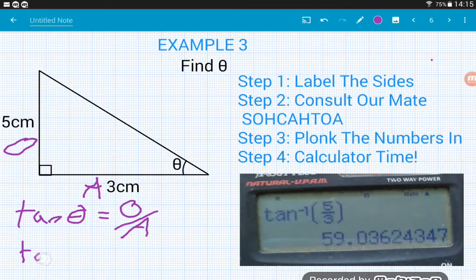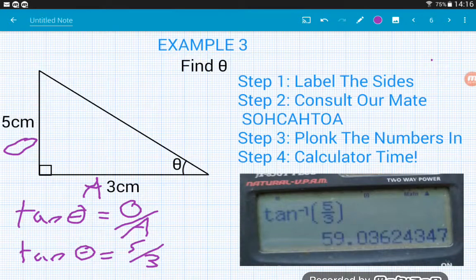So here then, tan of theta is equal to 5 over 3. So then we go to our calculator and take the inverse tan of 5/3, which would just give us 59.04 degrees to 2 decimal places.